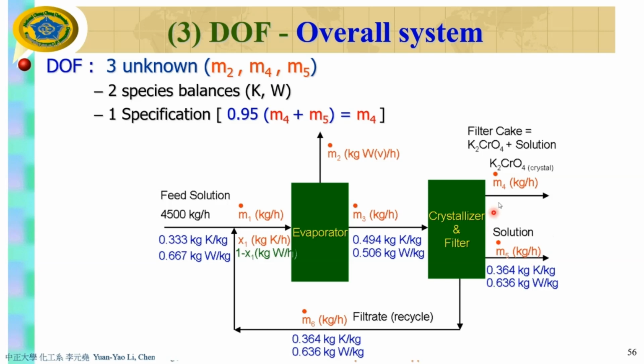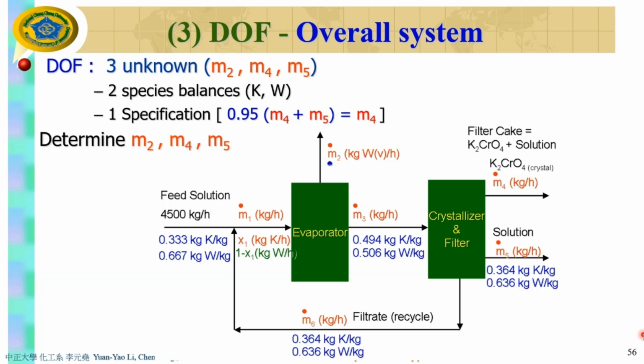Because we know that M4 is 95% of the total output and M5 is 5% of the total output. So this is what we call the specification. You have 3 unknowns and 3 equations. Bingo. You can achieve M2, M4, and M5.